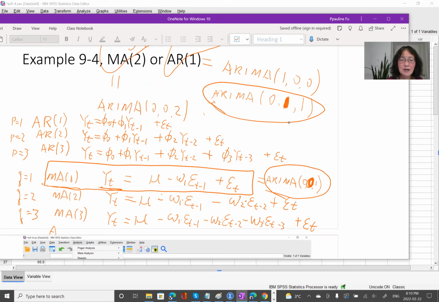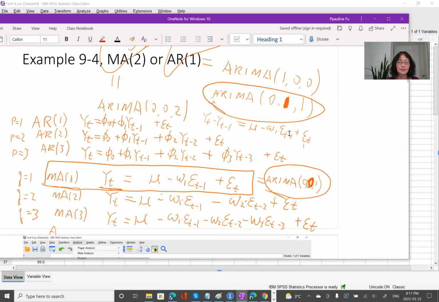It should be YT minus 1 equal to mu minus omega 1 epsilon t minus 1 plus epsilon t. So this is for ARIMA 011. And this table right in front of you is very important. If you have any doubt, you ask me or email me. Okay.